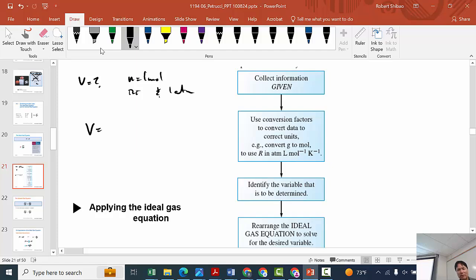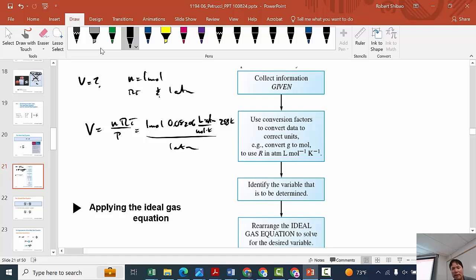And the volume is equal to nRT over P. n is just 1 mole. R is 0.08206 liter atmosphere per mole Kelvin. T is going to be 298 Kelvin. P is just 1 atmosphere.